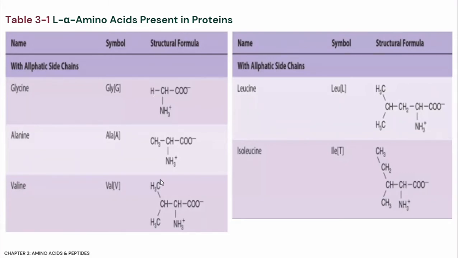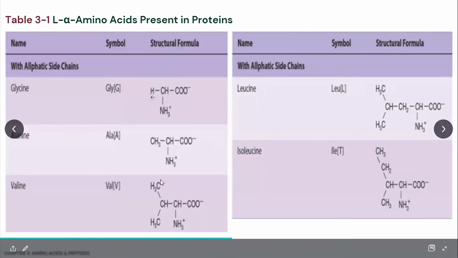Now, if you still remember your kindergarten organic chemistry, this carbon here, or this one, we call the alpha carbon. Actually, this alpha carbon is carbon 2 of your organic acid, remember?